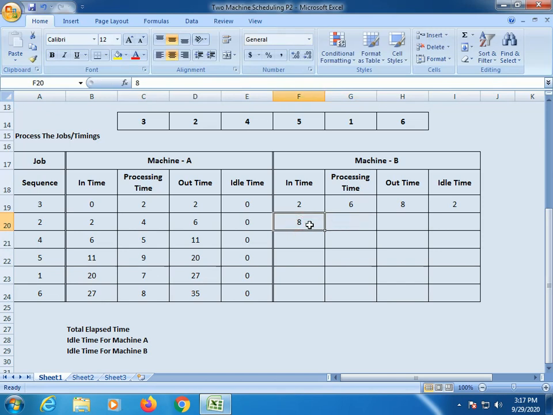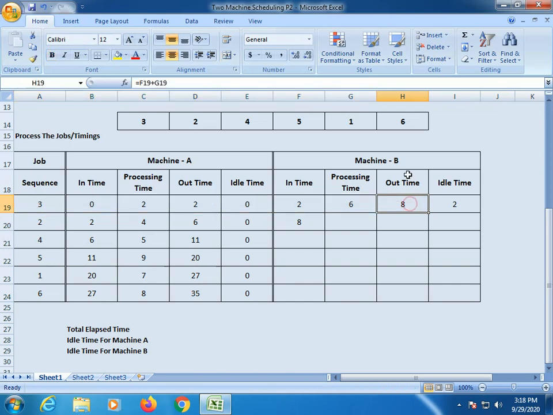What about the job? Is there any job to perform? This job has completed, so leave that job. What about the next job? The next job is ready at the 6th hour to perform on machine B. But at the 6th hour machine B is not ready, because it is processing the third job.